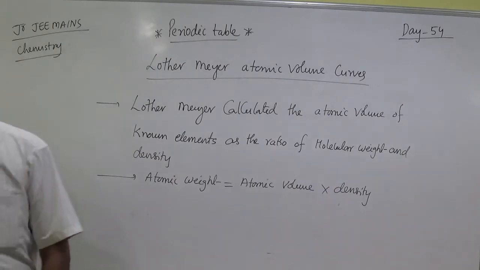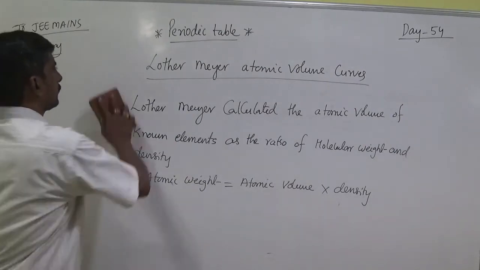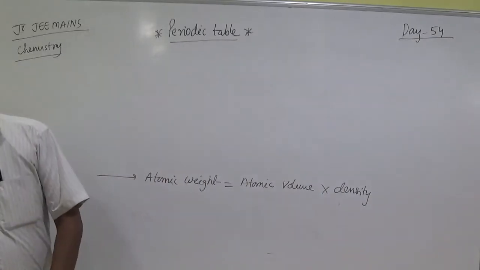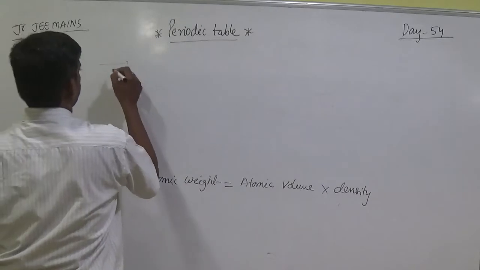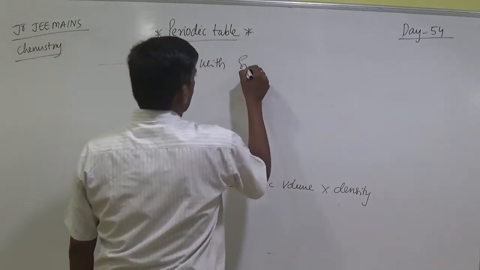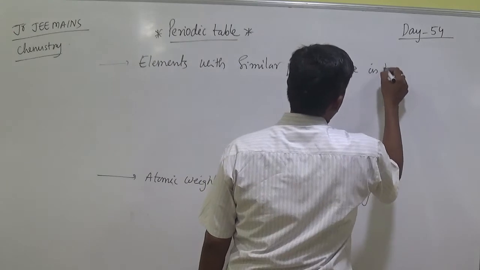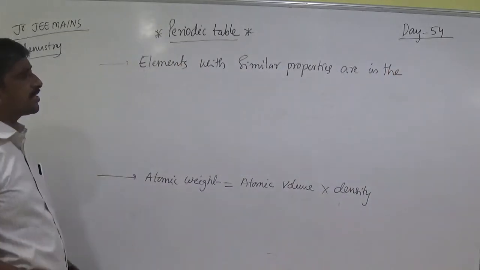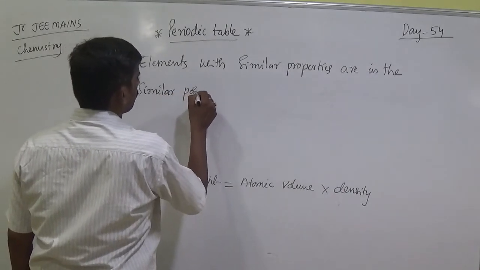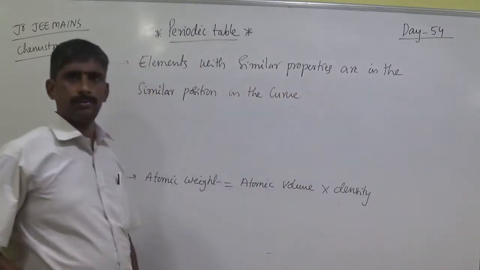Next one is: elements with similar properties are in similar positions in the curve.